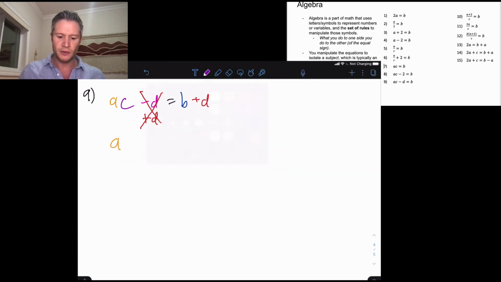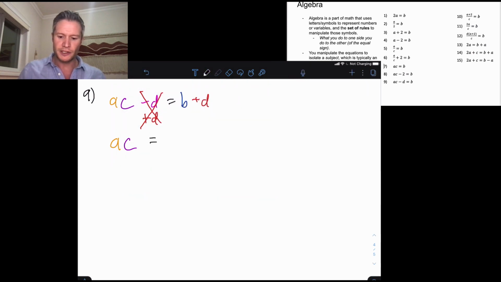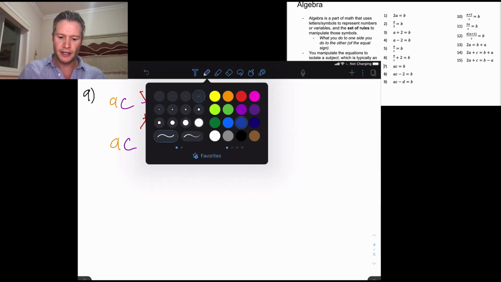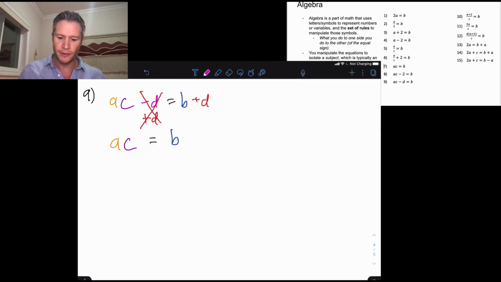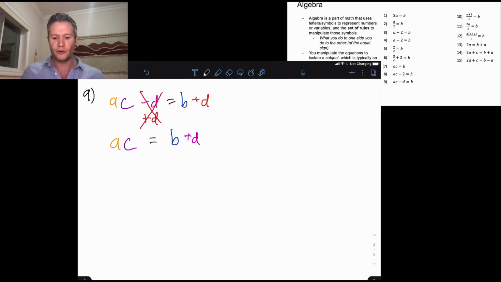Our next step, we're looking at AC equals B plus D. And you should also note that this whole equation is just all letters. Letters aren't scary, intimidating, or confusing, they're just kind of like numbers that you don't actually calculate per se.